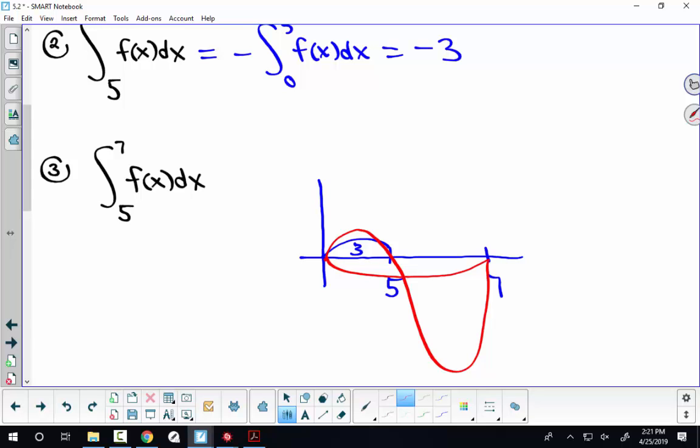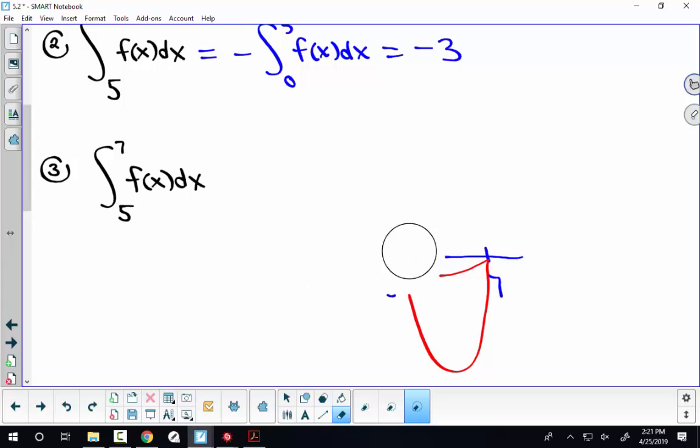But we know that the integral from 0 to 7 is negative 10. So if I accumulate that area less than 3, what would that have to be? So it kind of turns into an algebraic problem, right? What do I have to add to 3 to get negative 10? Or I said that backwards.